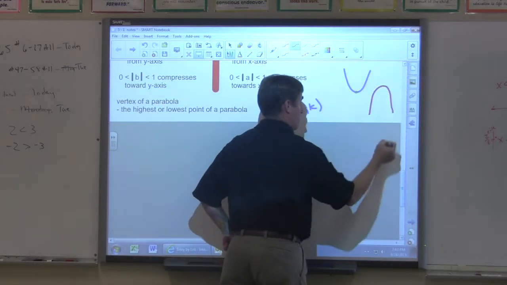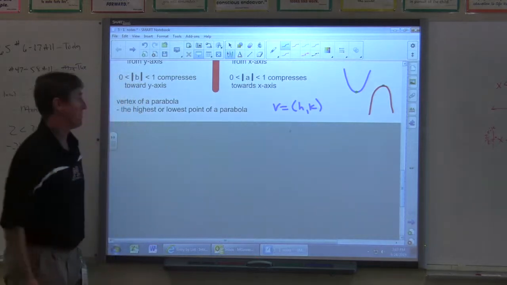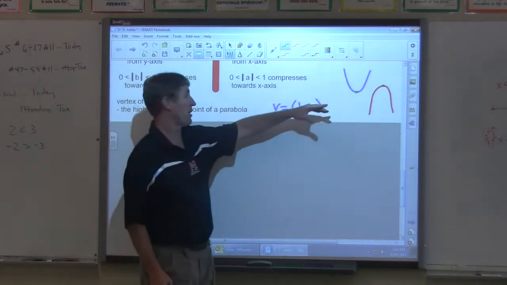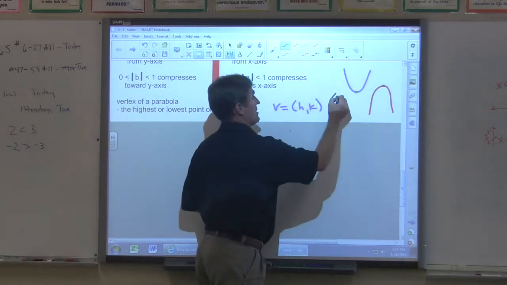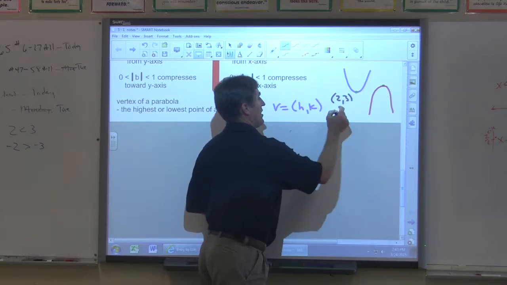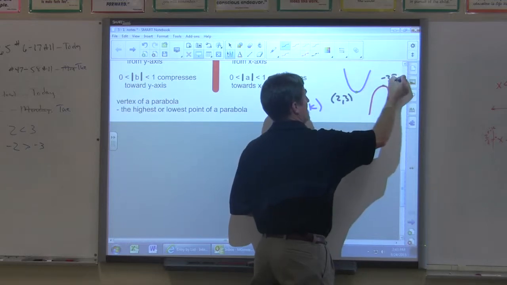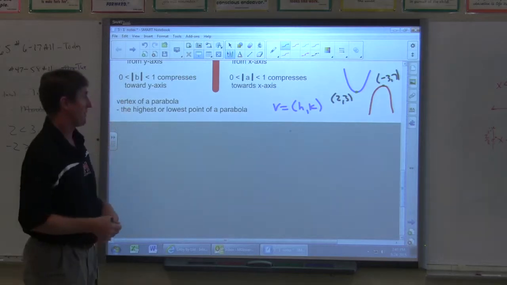And if it opens down, the vertex will be the highest point. And that will be the k value of each of these, because remember, our k value is our y value. So if this was 2, 3, then the lowest value is 3. And if this was, let's say, negative 3, 7, then our highest point would be at y equals 7.